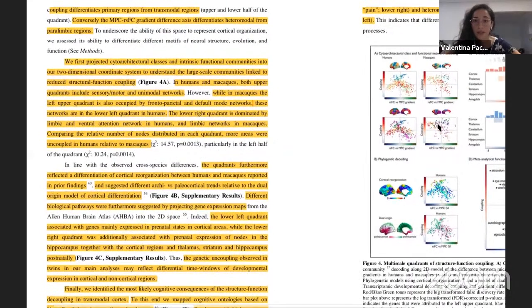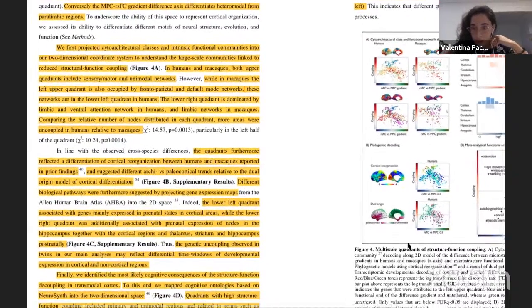Furthermore, looking at the dual origin cortical differentiation model, the authors suggest that the differentiation of the cortical reorganization supports the dual origin organization of the cortex.